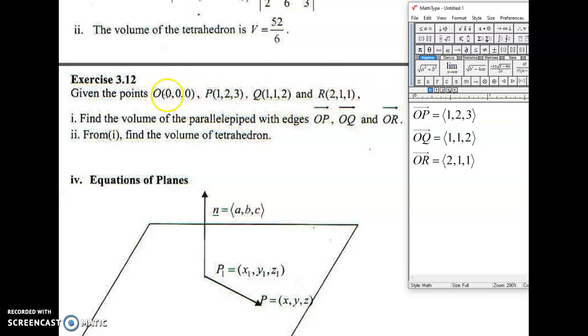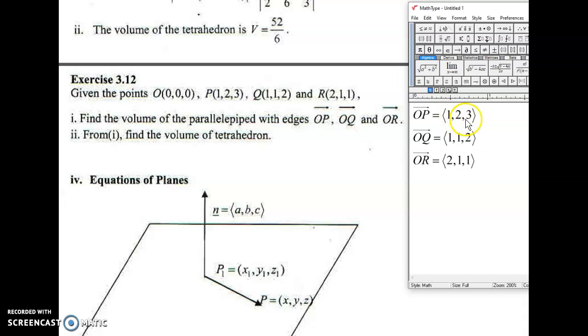Just a little bit of revision. As you can see here, these are given points, not vectors. The brackets here are brackets of Cartesian coordinates. So we first need to look for the vectors. However, the origin point is 0, 0, 0, so it is easy to redefine all of these as vectors.